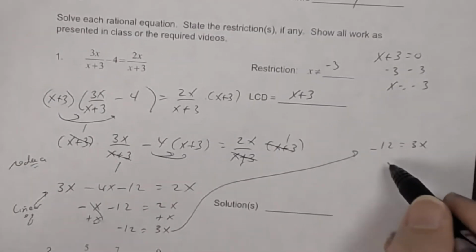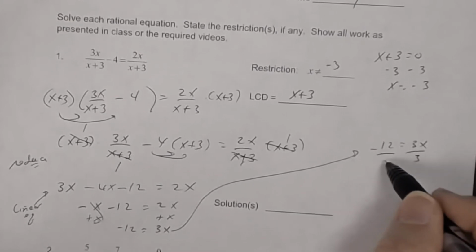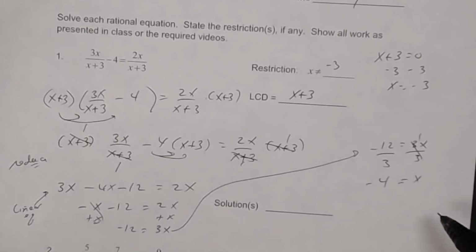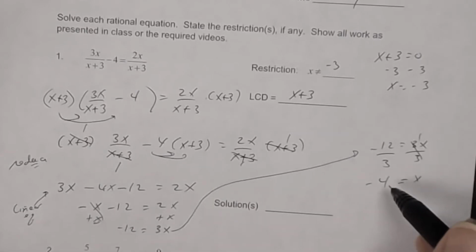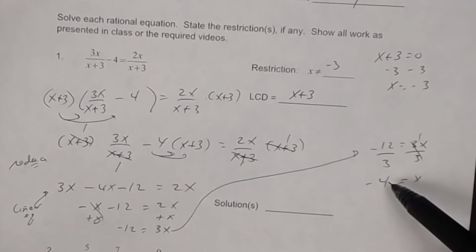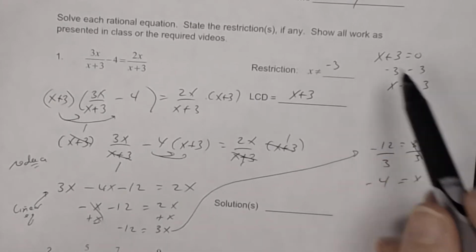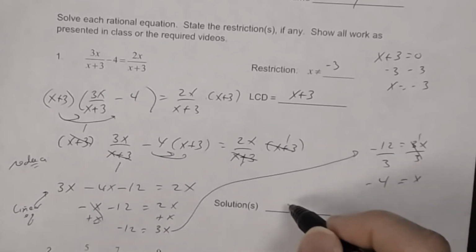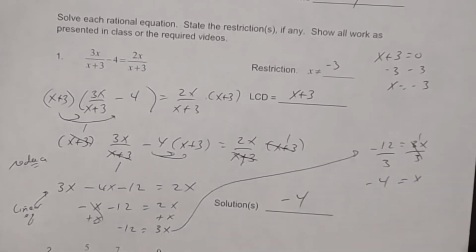Then divide both sides by 3. I get x to be, what's that, negative 4? All right, negative 4. Notice that negative 4 is not a restriction. So if I did all this work correctly, then my solution is negative 4.